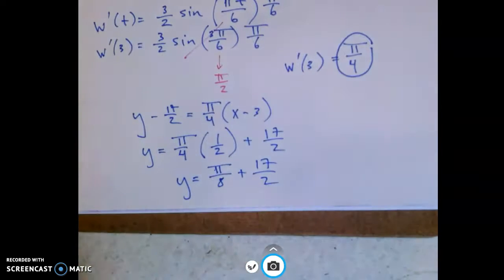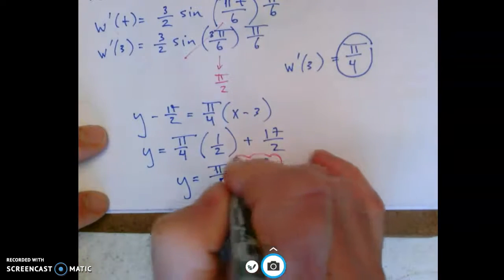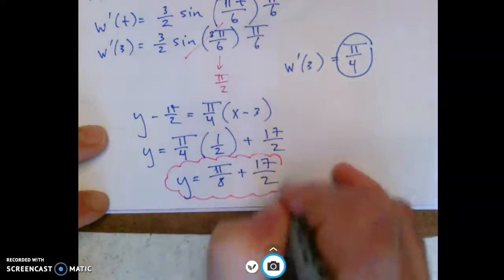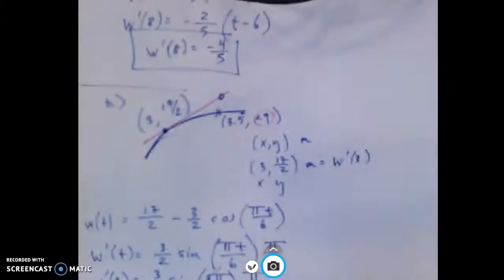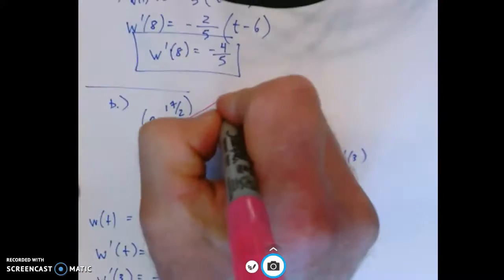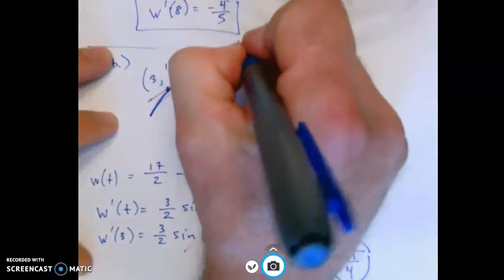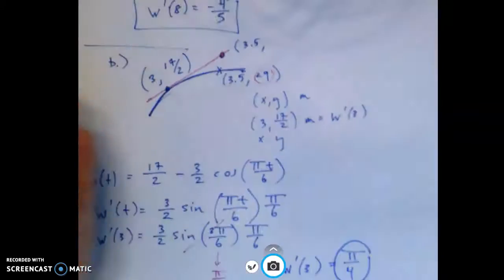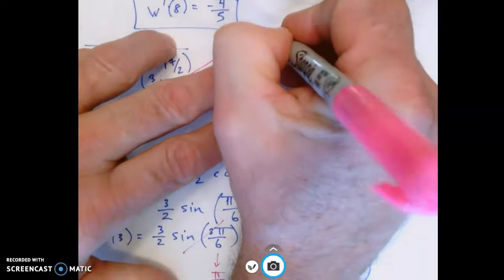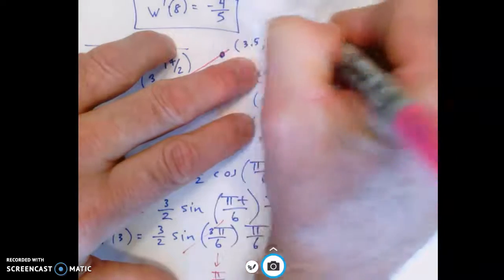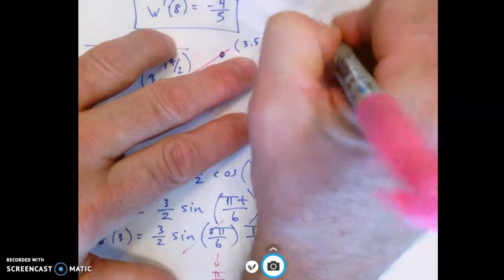So what we just found is that the y value at this point right here, 3.5, is equal to 17 halves plus pi eighths.